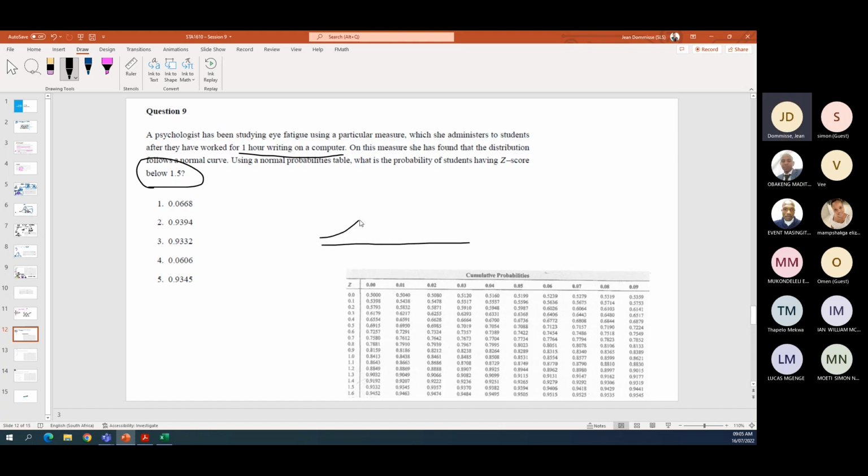Okay, so we know it's a normal distribution. Mean is 0. What is the probability of students having a Z-score below 1.5? Remember, to this side is positive, to this side is negative, so around 1.5. Let's just put that in, and below.